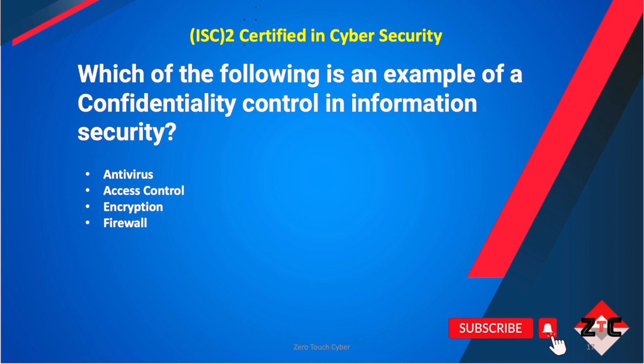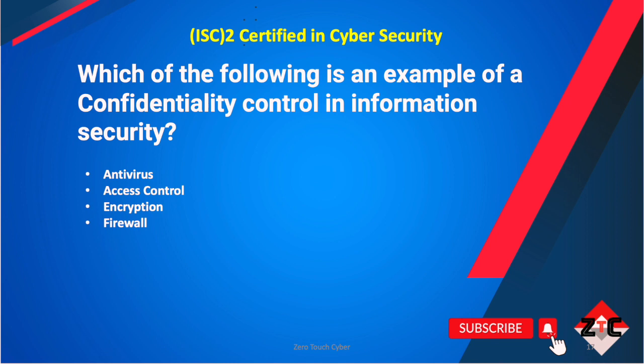Which of the following is an example of a confidentiality control in information security? The options given are antivirus, access control, encryption, or the firewall. Encryption is a confidentiality control in information security that provides protection for sensitive or confidential information.